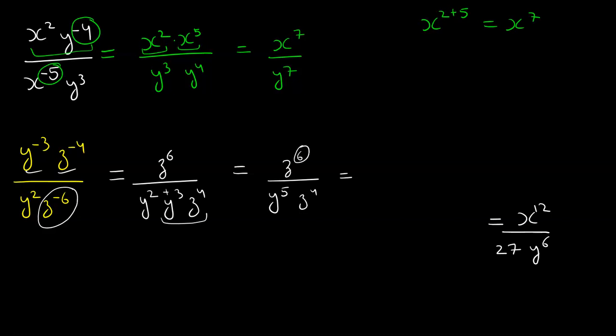So in the numerator, z is the bigger. In the denominator, z has the power of 4. In the numerator it is 6. So z, 6 minus 4 over y to the power of 5, and we get z square over y5. Okay, that is our final answer for this one.